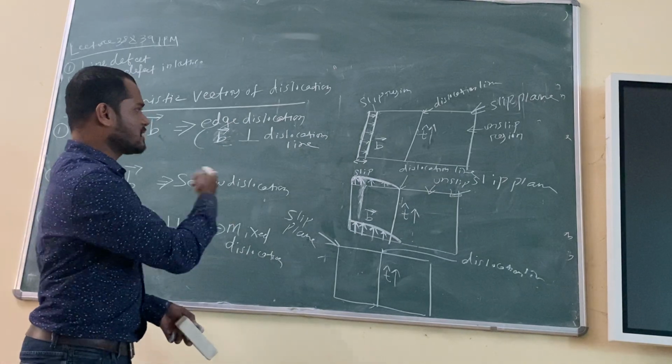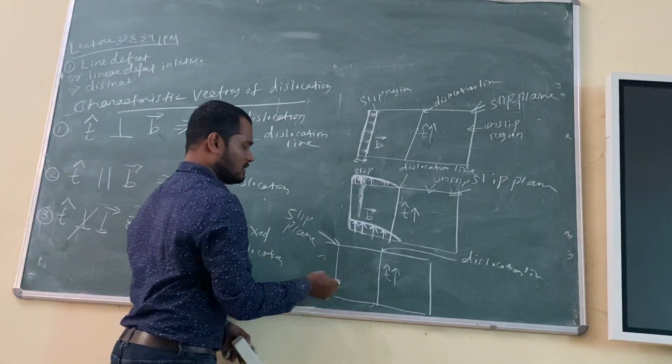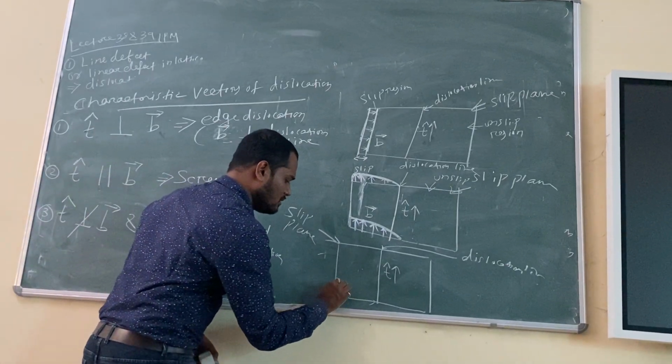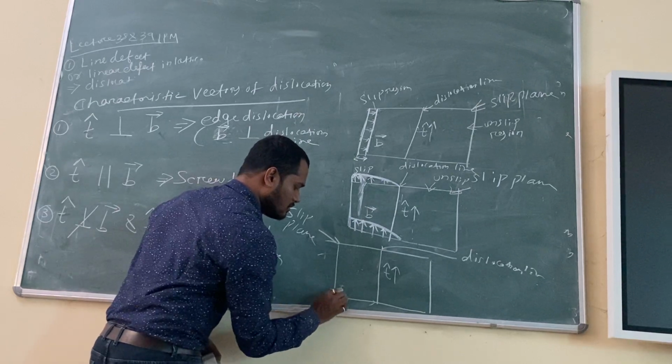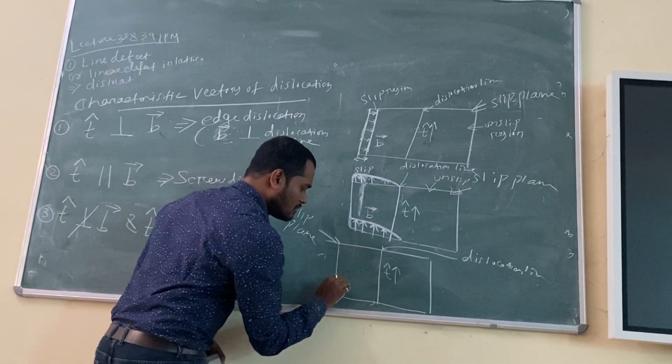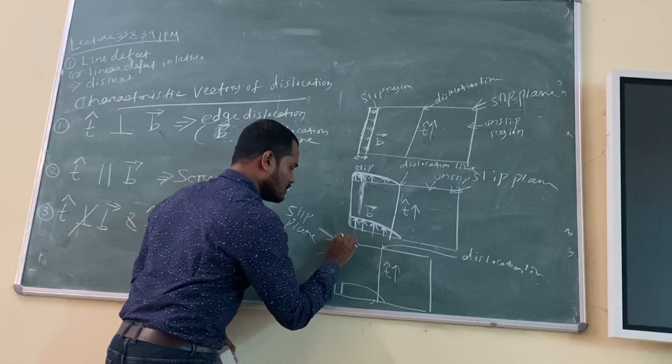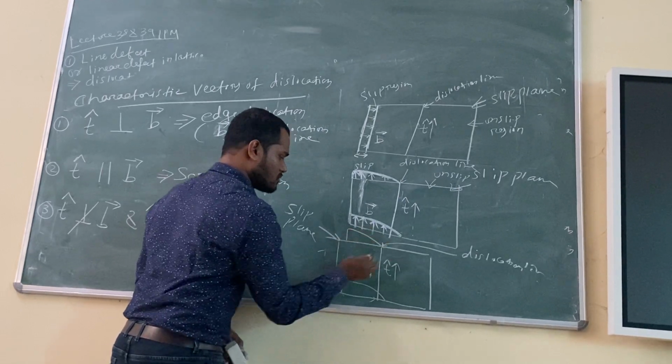But how to show this Burgers vector? So this is somewhat critical now. So this will be, now it is okay.